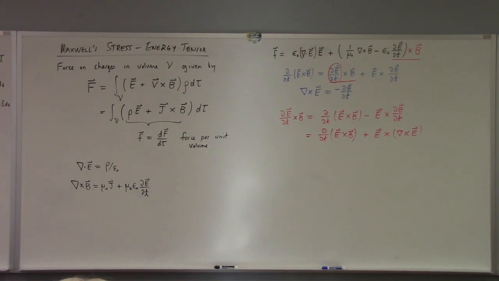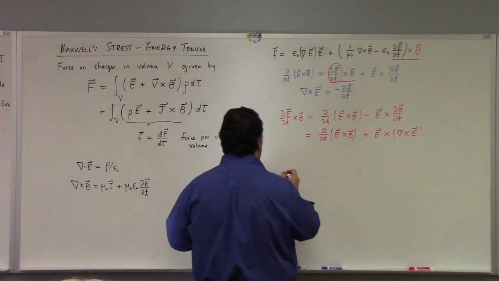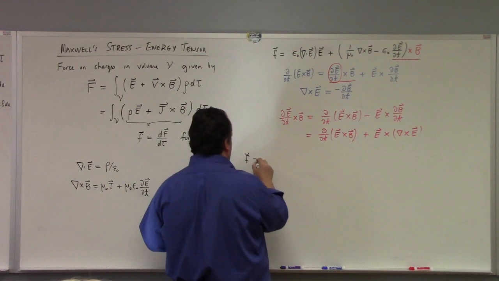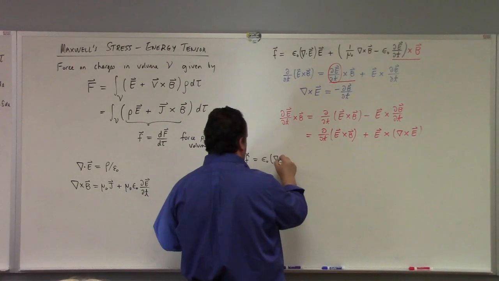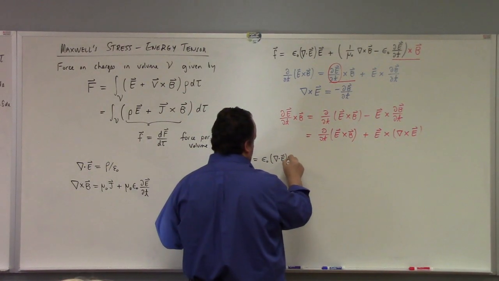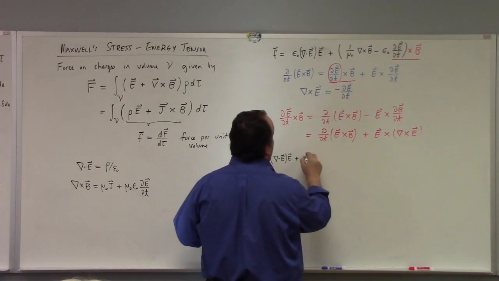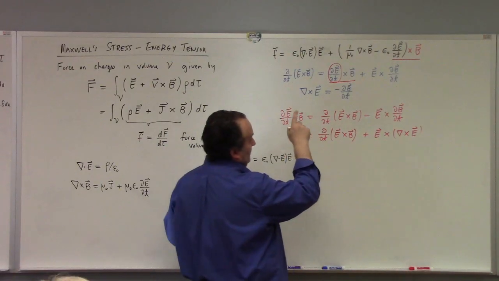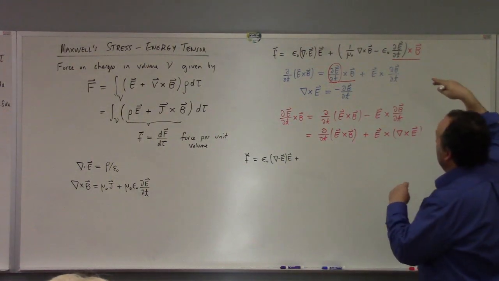Using Faraday's law. Putting that all together, we have F is equal to epsilon naught divergence of E times E plus, well, I'm going to leave the del cross B term out for last.